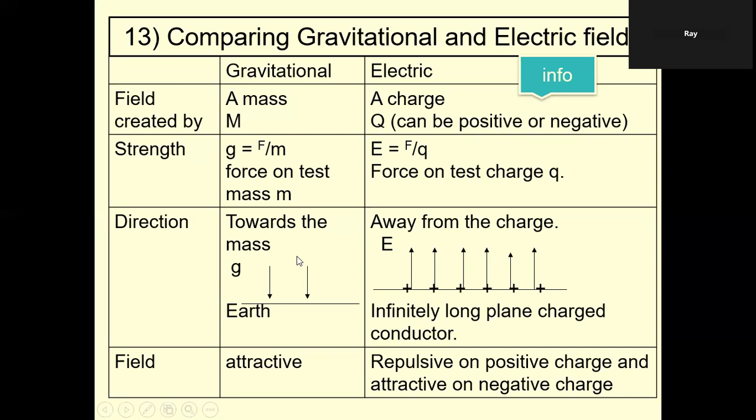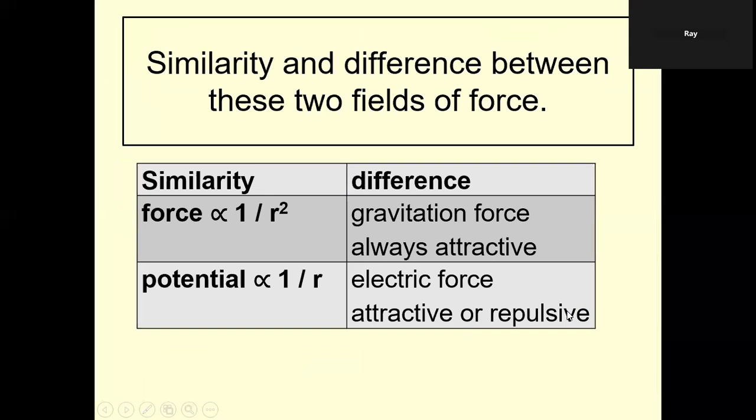Near the Earth's surface, g is constant, all pointing toward the Earth's surface. This one, for the positive infinite plane charge conductor, is parallel, uniform. Gravitational field is attractive, because the force is attractive, whereas this one can be due to positive or negative charge, so it can be repulsive for positive charge and attractive for negative charge. Similarity, both have force formula 1 over r squared.